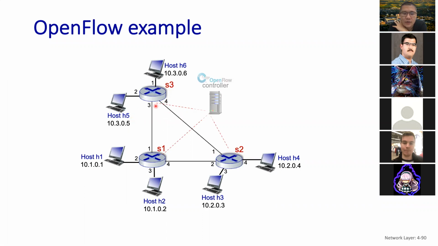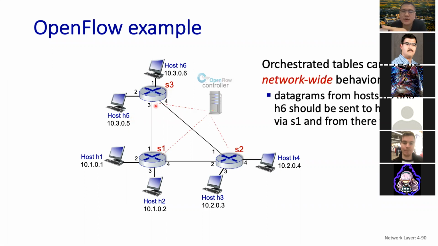So say you do some investigation and find that datagrams from hosts H5 and H6 should be sent to H3 and H4. Where is H3? Here is H3. And where is H4? This is H4.